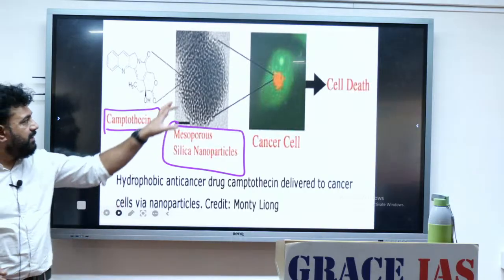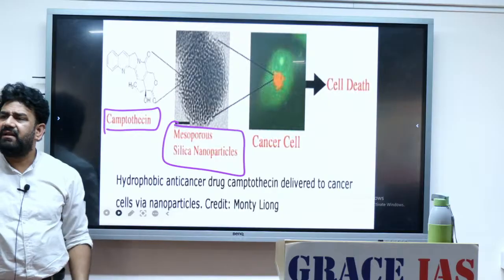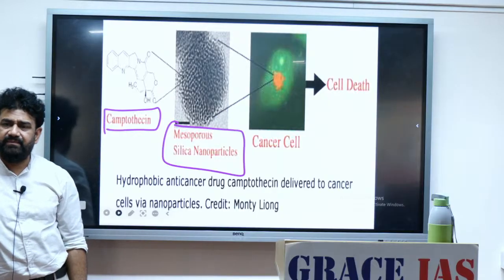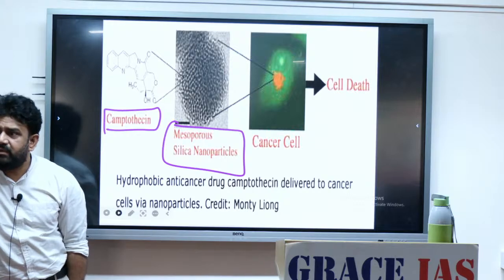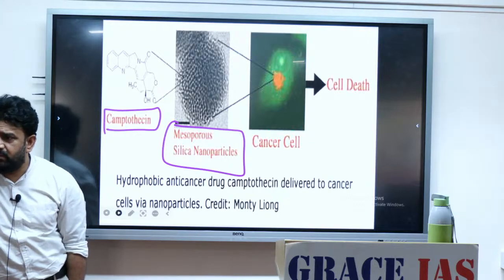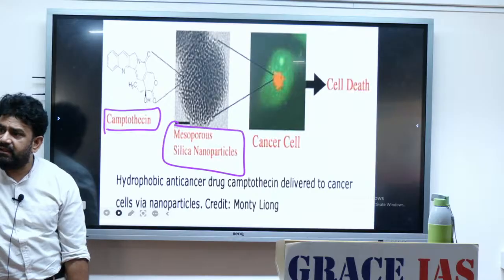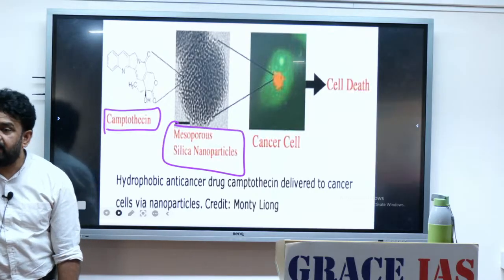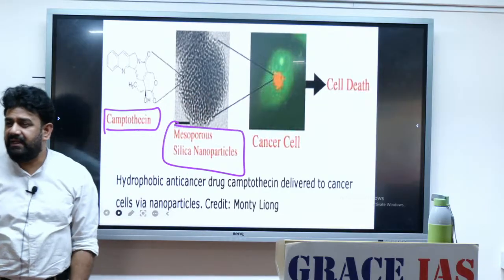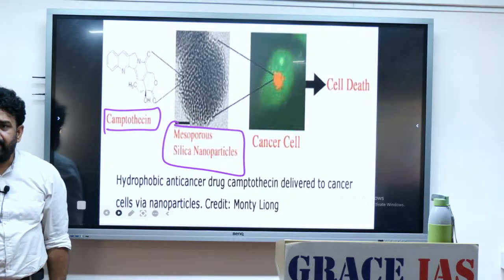So side effects are many in cancer chemotherapy. How to avoid them? There is no negotiation in cancer chemotherapy. You cannot say no to the drug, because otherwise you will die. There is no way out. But now with the help of nanotechnology, we can directly deliver anti-cancer drugs to cancer cells.